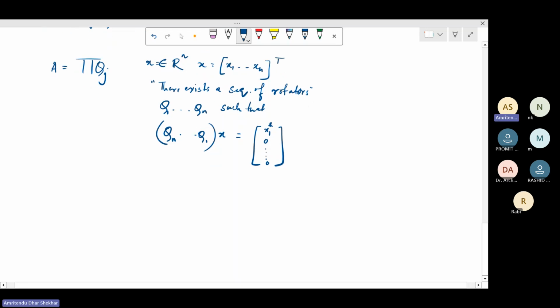Now your A matrix over here has to be transformed into an upper triangular matrix.